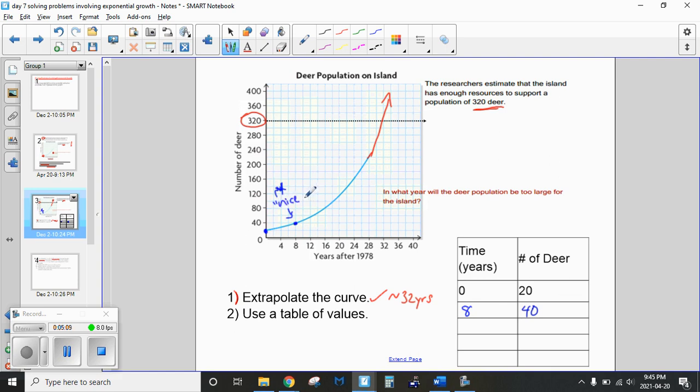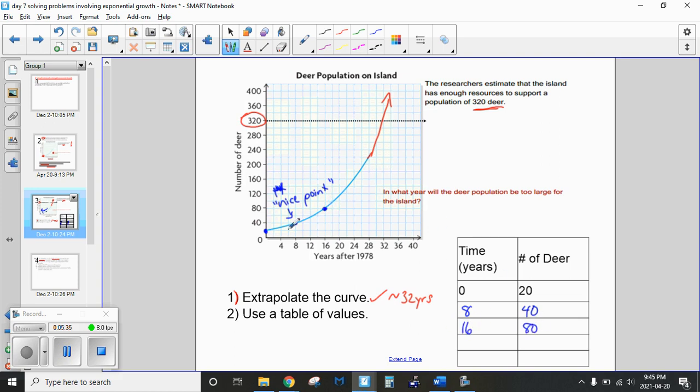Nice because it's right on the crosshairs. So not so good. Oh, there's another good one. Okay, so at 12 years, it would be just a little bit less than 60, but I don't know exactly how much. But at 16 years, it's right at 80.